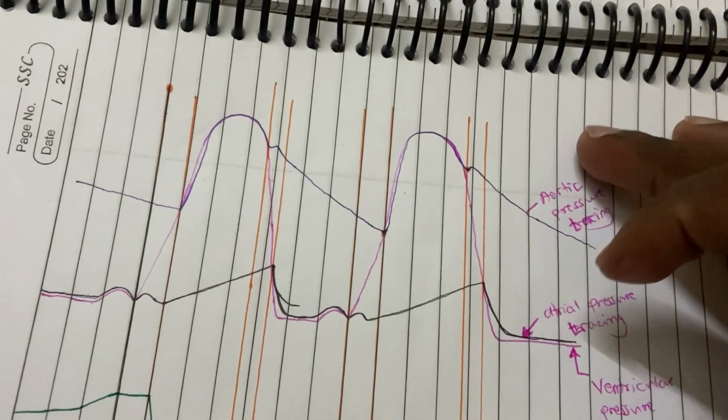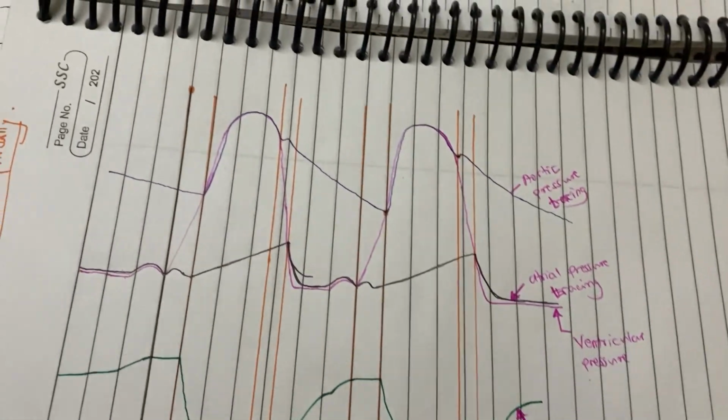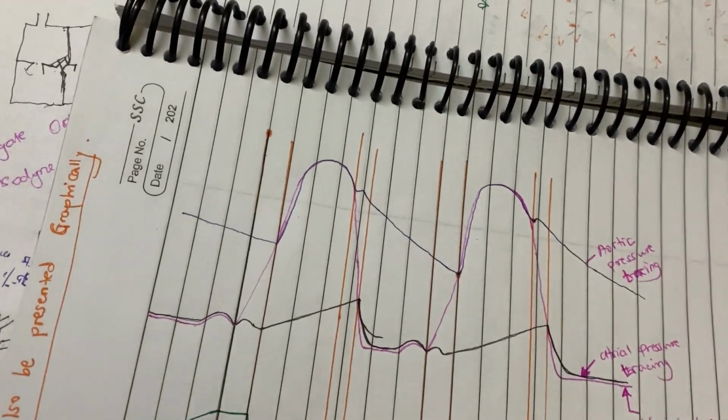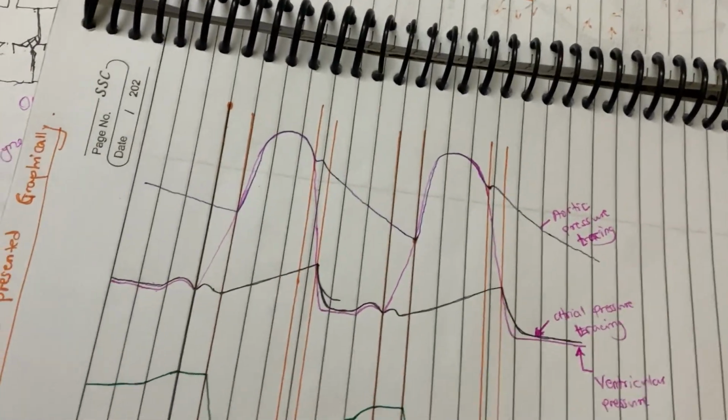These are pressure tracings. Only this is a volume tracing. We have these vertical lines, demarcations. They are demarcating different phases.